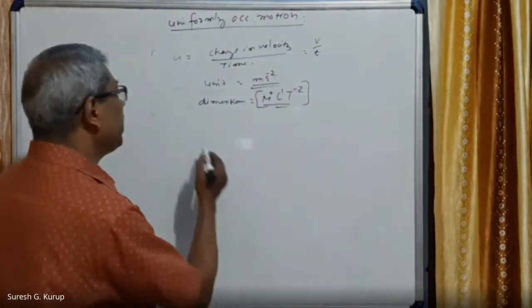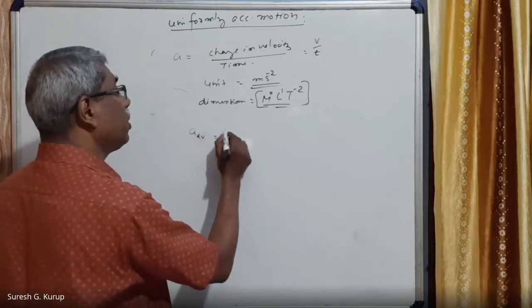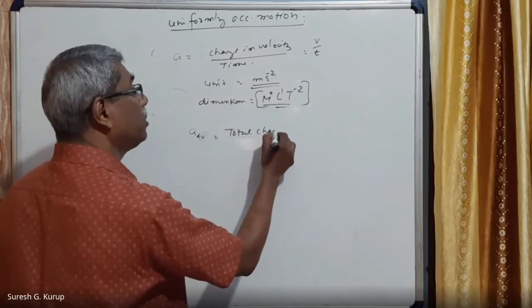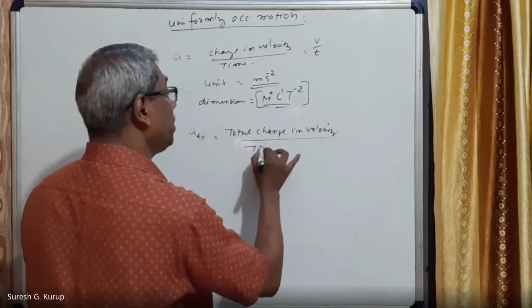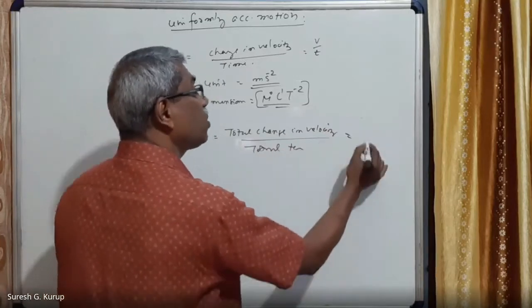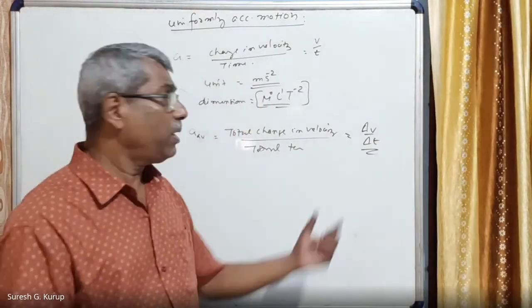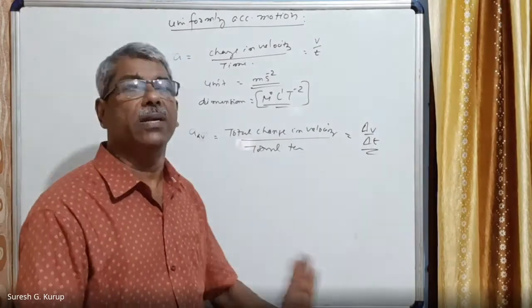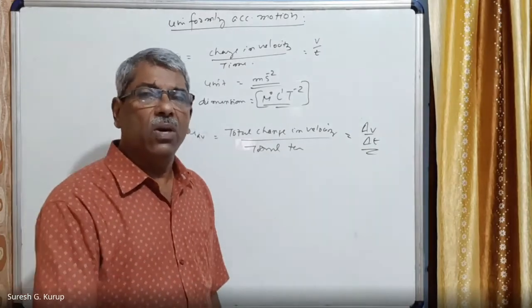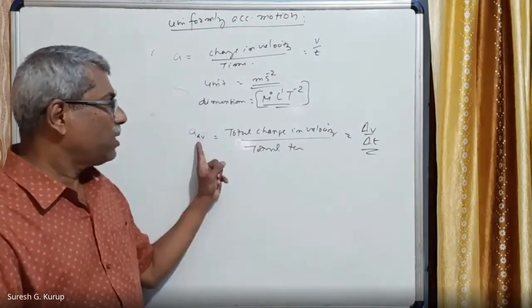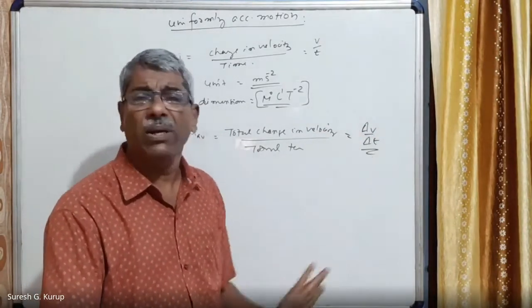A average is equal to total change in velocity divided by total time. This can be written as delta V by delta T also, where delta V is a small change in velocity divided by a small change in time. This is called average acceleration.